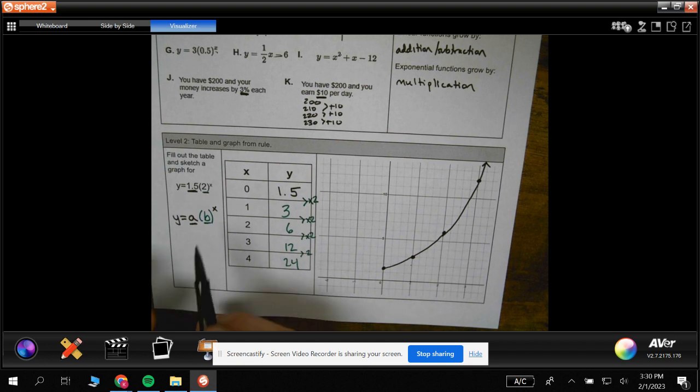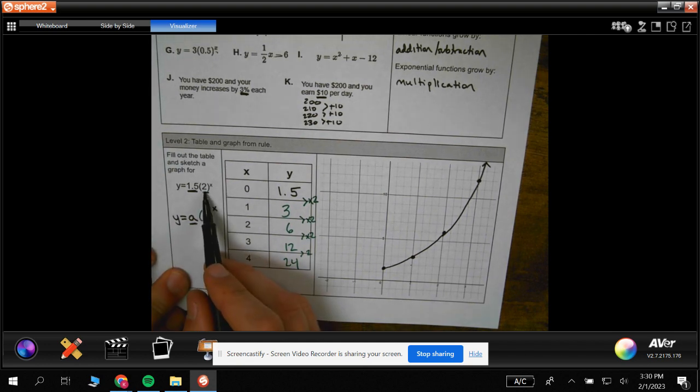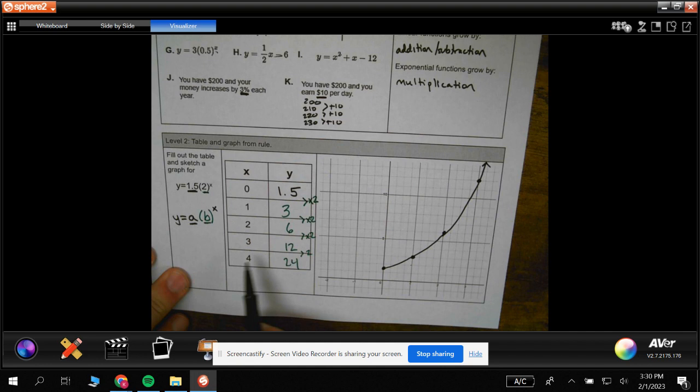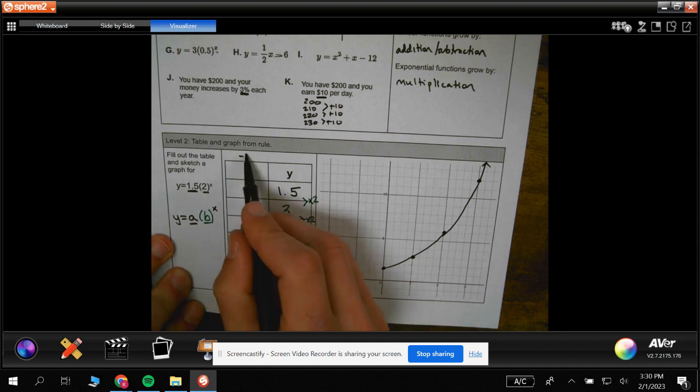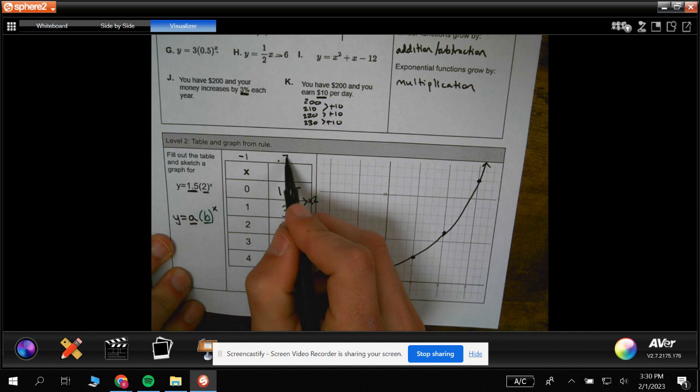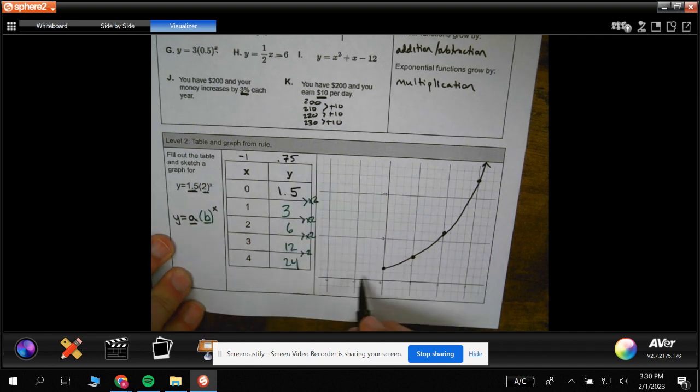We could recognize exponential growth because our b value of 2 is greater than 1. So it's going to be this growth curve. Now, does the graph stop here? No, it keeps going in the other direction. Well, what's x = -1? Continue the pattern, 0.75. So we go right there, and we can continue the pattern out this way.